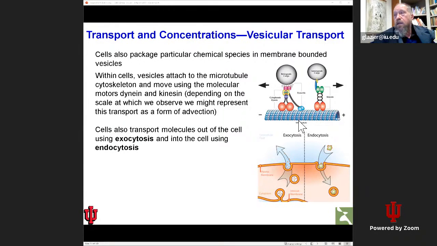Because what we'll find is that transport by diffusion slows down as things get bigger. It slows down as the square of the size. And so diffusive transport works wonderfully over scales of microns, but doesn't work effectively at all over scales of centimeters.